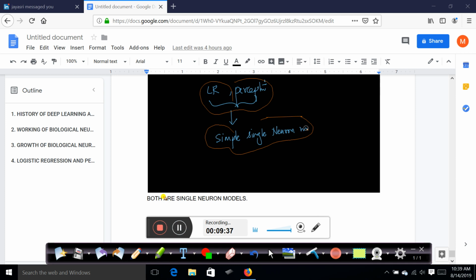The only difference lies in their activation function. Else we can see both are simple single neuron models. I hope it is clear till now.